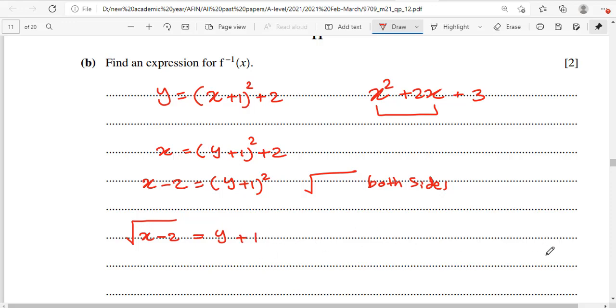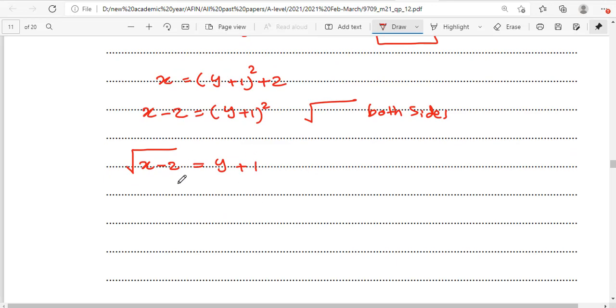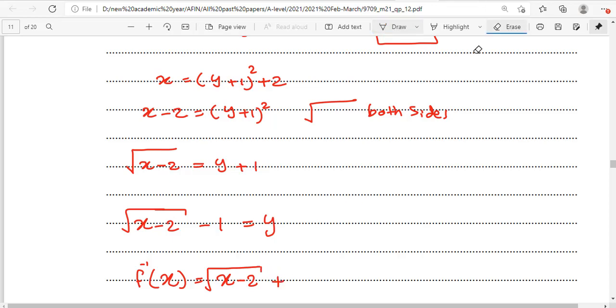To get rid of this plus 1, we just say minus 1 to the other side. Then square root of x minus 2, minus 1 equals y. Now y is the subject, this is the inverse. So f inverse of x is equal to square root of x minus 2, minus 1. This is f inverse.